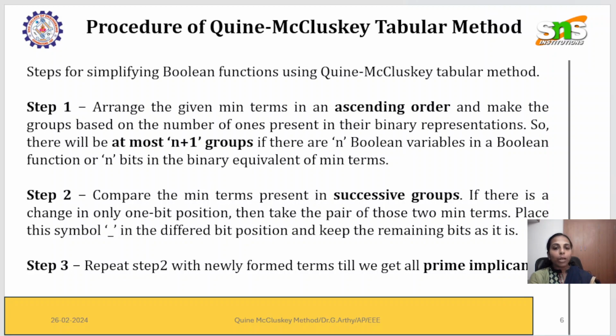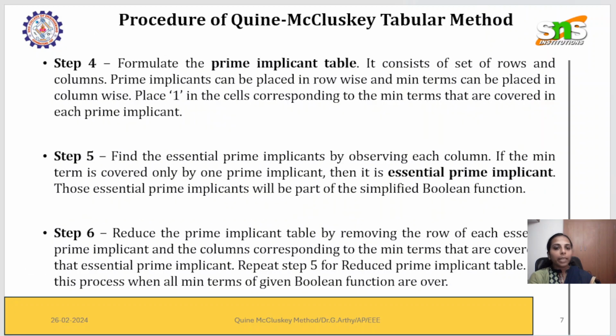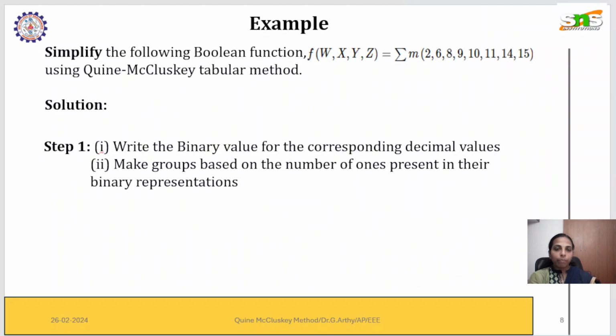If there is a one bit variation in a position, then that will be replaced and represented by a dash, and then a prime implicant table will be formed. After that, essential prime implicants will be found, and the essential prime implicant plays a major role in finding the simplified Boolean expression. We can discuss this with the help of an example.